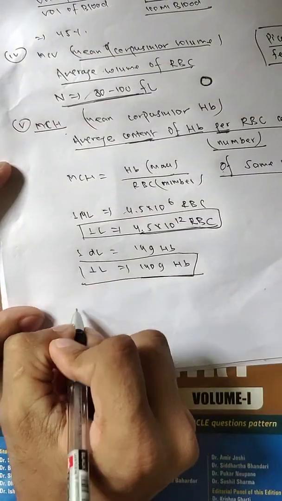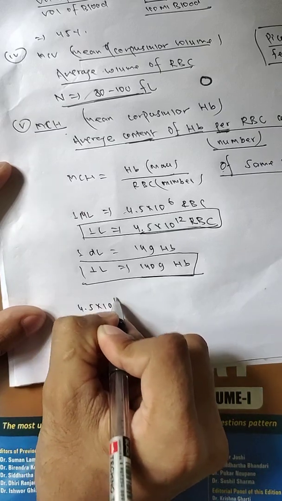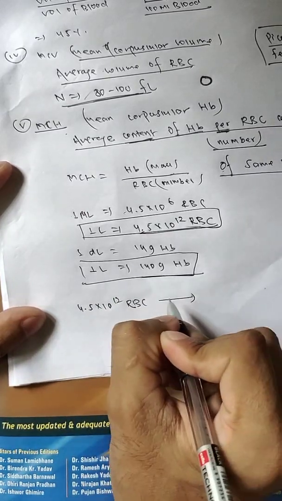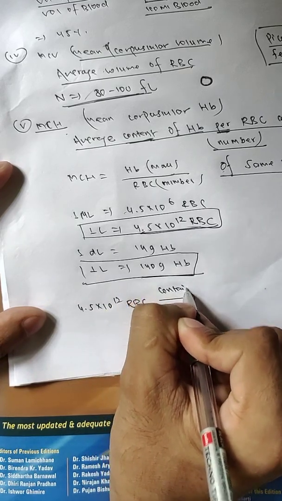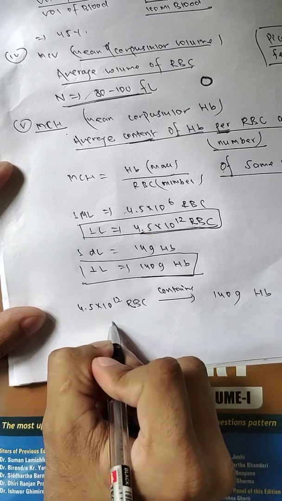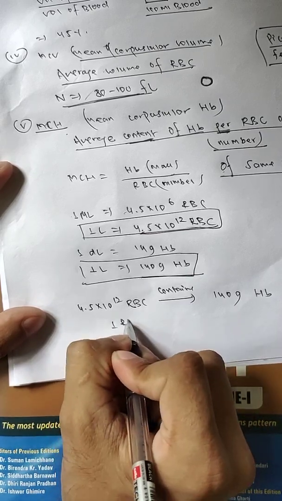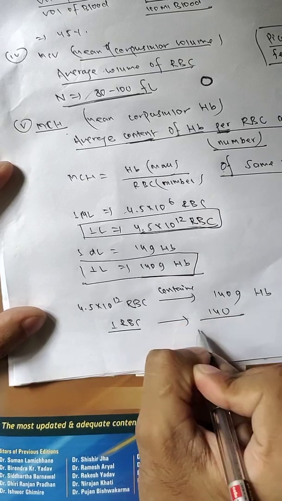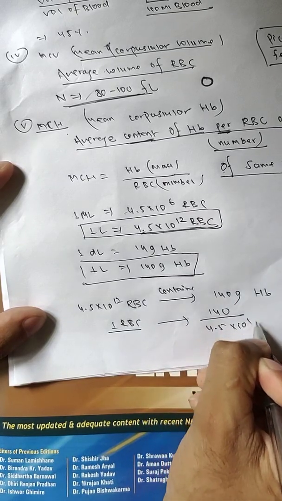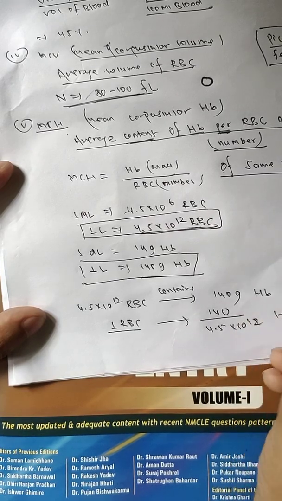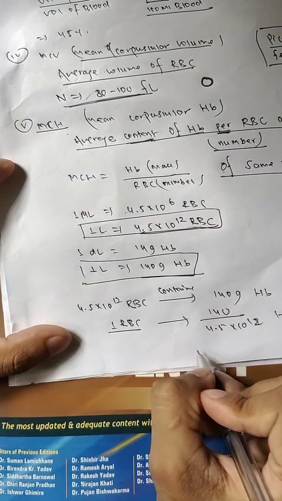So we can say 4.5 into 10 to the power 12 RBCs contain 140 gram of hemoglobin. How much will one RBC contain? One RBC will contain 140 divided by 4.5 into 10 to the power 12 gram of hemoglobin.